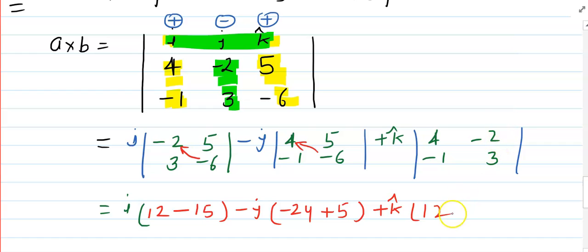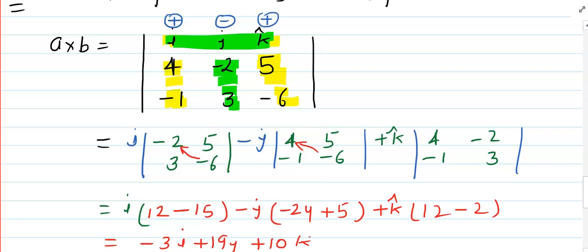Minus minus becomes plus, and then it is 2, so 12 minus 2. So 12 minus 15, that is minus 3i, and this minus 24 plus 5, that is minus 19, and with the minus j it will be plus 19j, and 12 minus 2 is 10k.